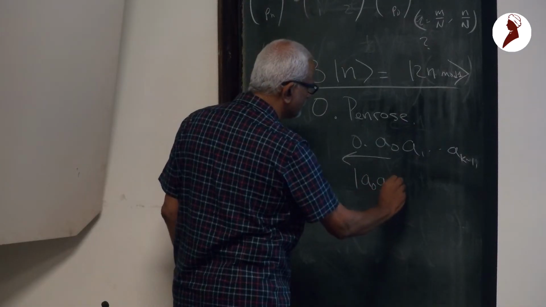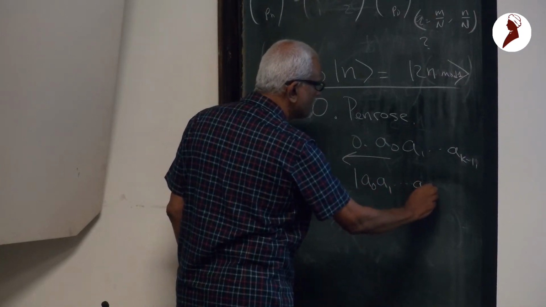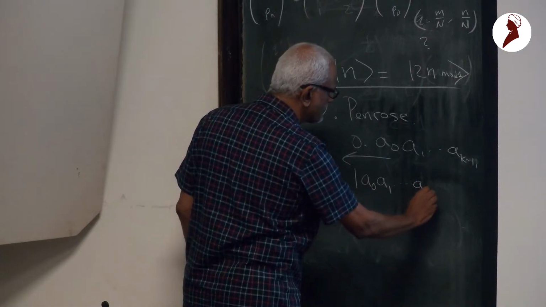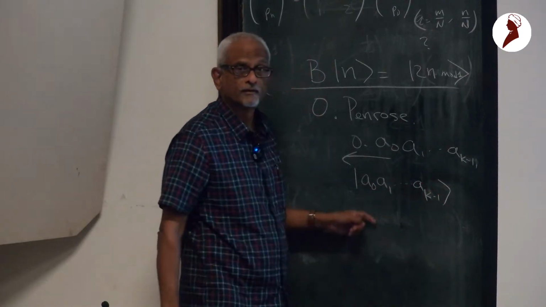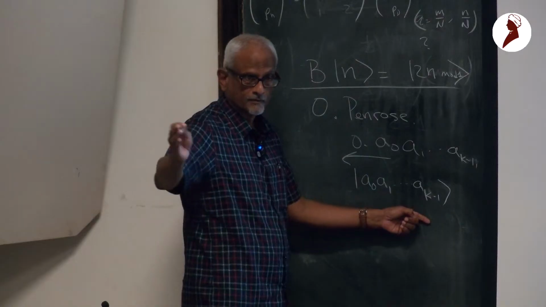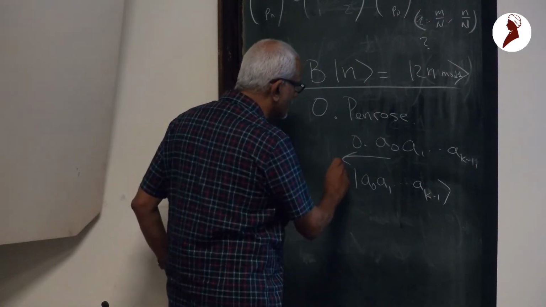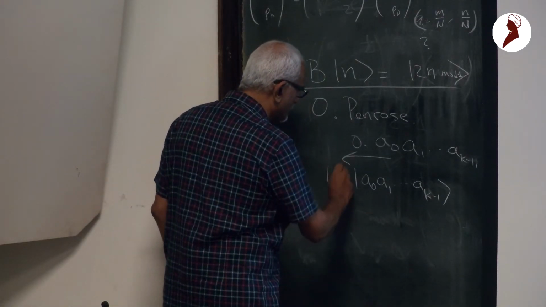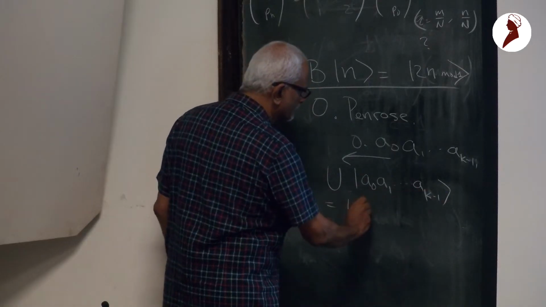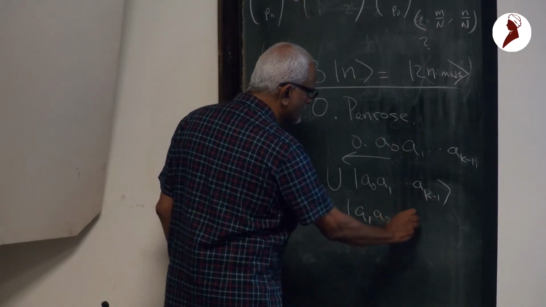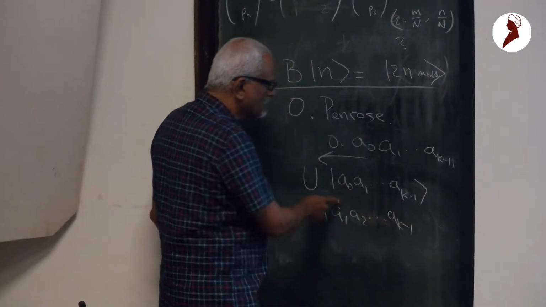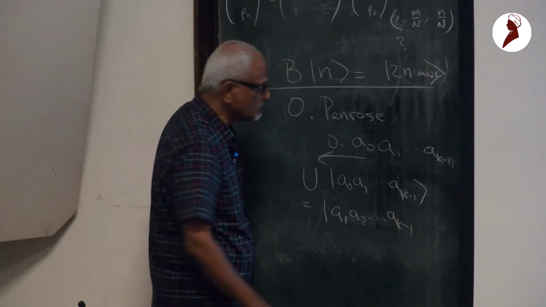So you have a state of, let's say, k minus 1 qubits. You write it like this in the product basis. And then you have some operator which you want to left shift this. So you want A1, A2, etc. You don't know what to do with A0. So he put it here.